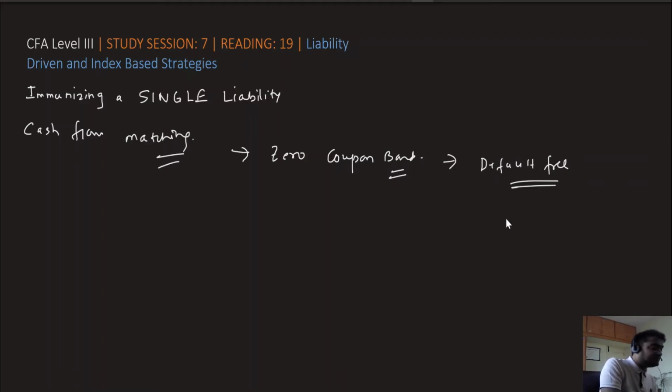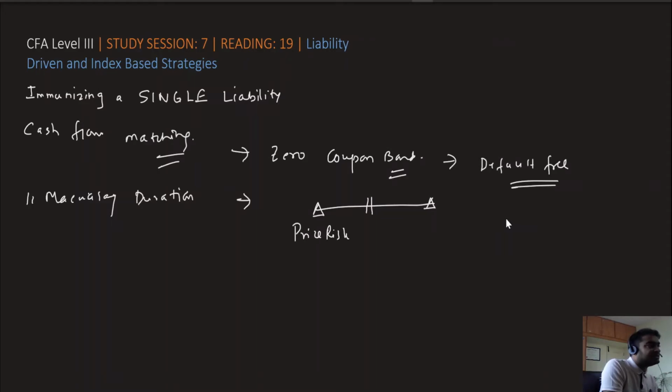So the first concept is macaulay duration. You must have heard it multiple times, but just to revisit the concept here: what is macaulay duration? It is the weighted average time until the cash flows of an instrument are received. Remember, whenever we talk about macaulay duration, you have to consider this as a seesaw, wherein on one side we have price risk and on the other side we have reinvestment risk. And how do they balance each other? What is price risk?